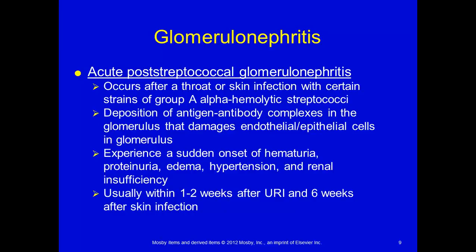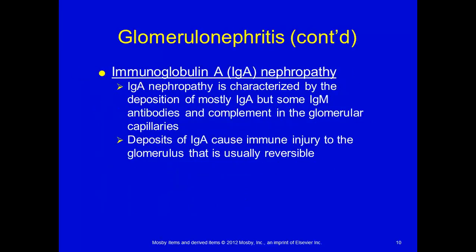Even though this can make someone super sick, the good news for both is that it usually runs its course in about a month or so. It's pretty self-limiting; the damage to the capillaries in the glomerulus is not permanent, but it does take about a month to run its course.